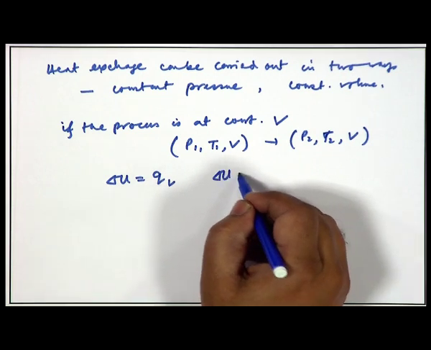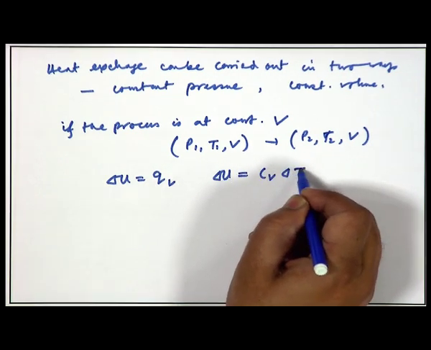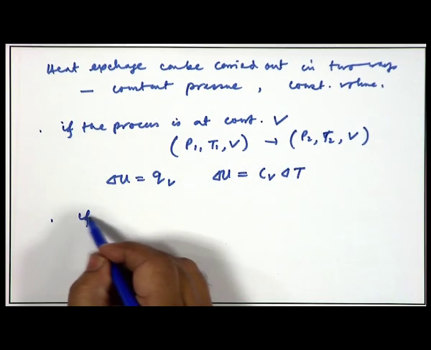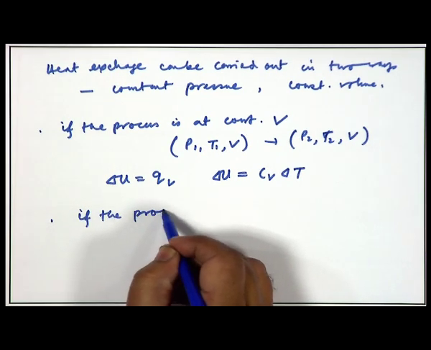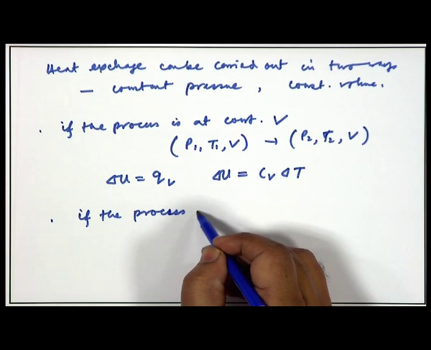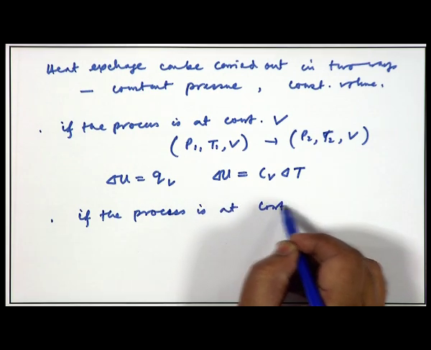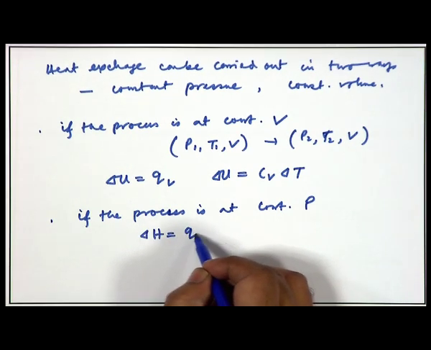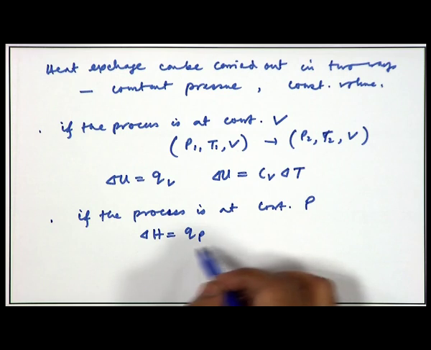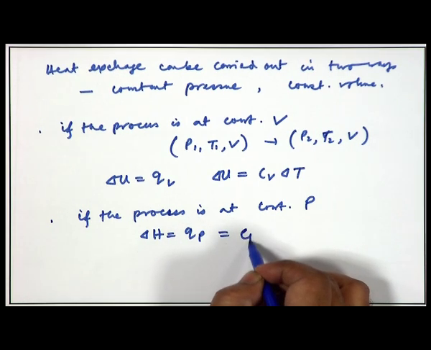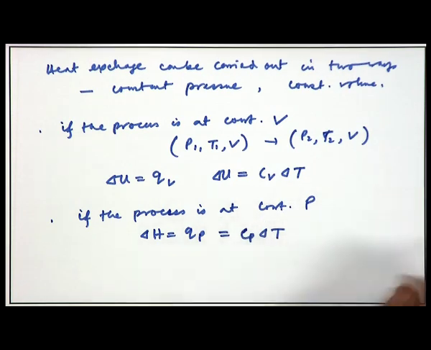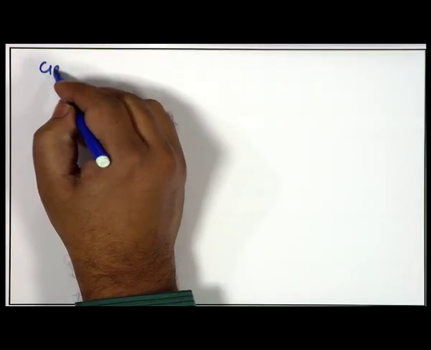So, del U would be given by C V del T. Similarly, if the process of our interest is at constant pressure, as we have seen earlier, then del H is Q P. So, del H would be given by C P del T. But if you have a general case, a general process, where all three are changing.